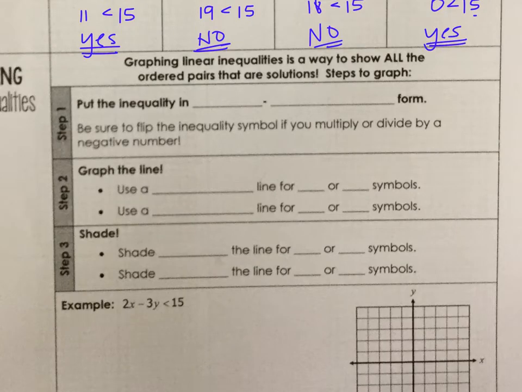This next section is very, very important. If you are not writing anything else down, you need to write these steps down. Step 1, so we're going to graph this now.